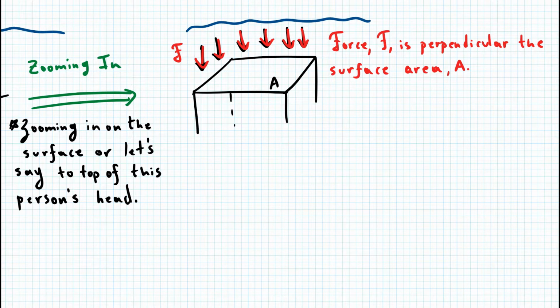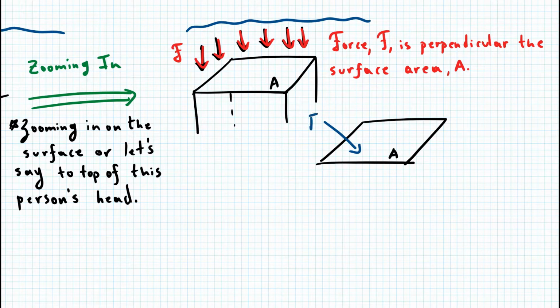Now let me try to prove this fact. Let's look at a force that isn't exactly perpendicular to the surface area. So let's call this force F. Now remember, forces are vector quantities, so any force can be decomposed into its x and y components.